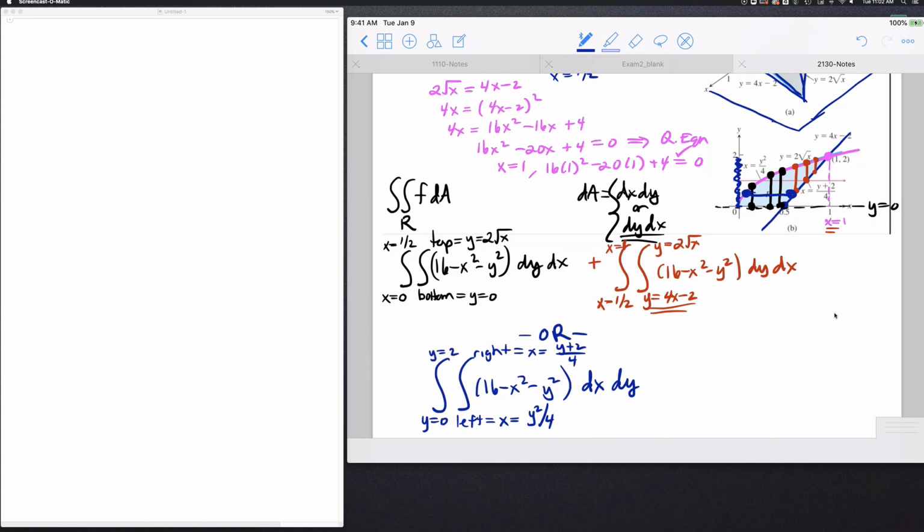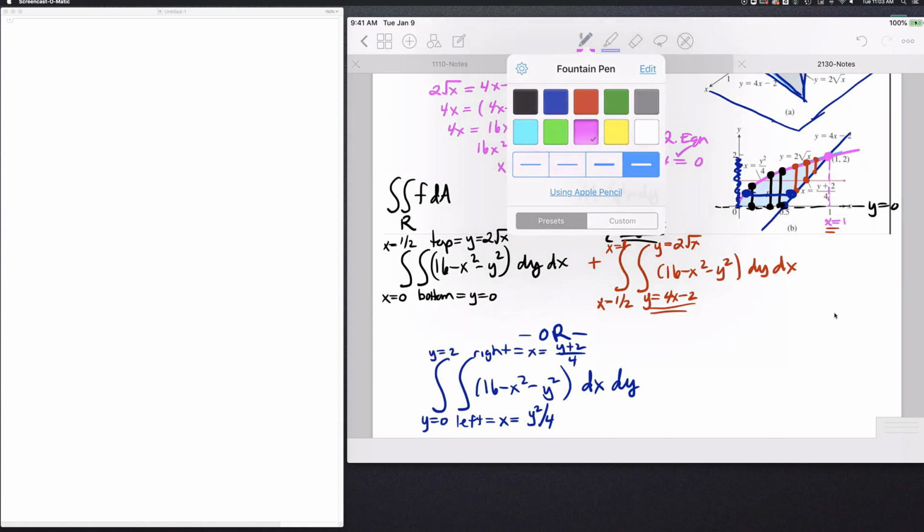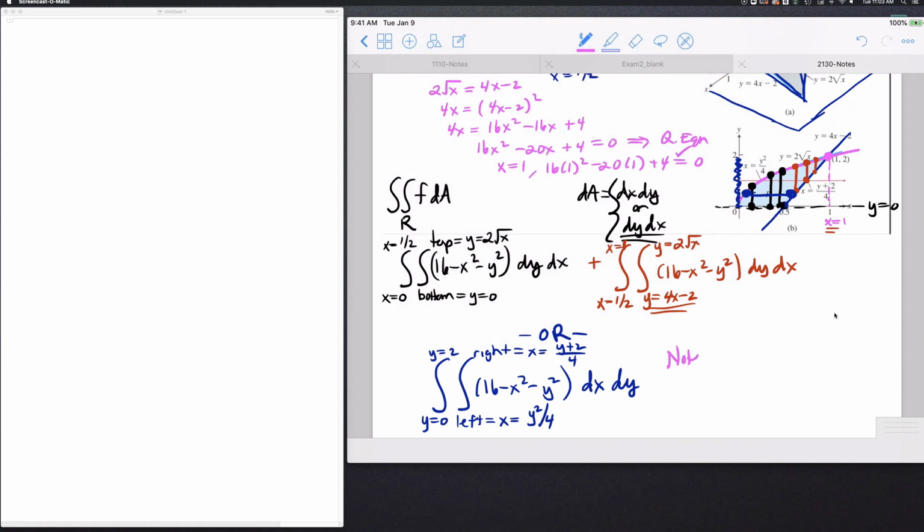You can check that, for example. Something interesting to note is that when y equals 0, the straight line is 4x minus 2 equals 0, so x equals 1/2. So when y equals 0, you are at an x value of 1/2.